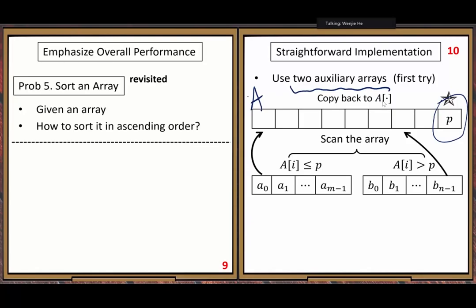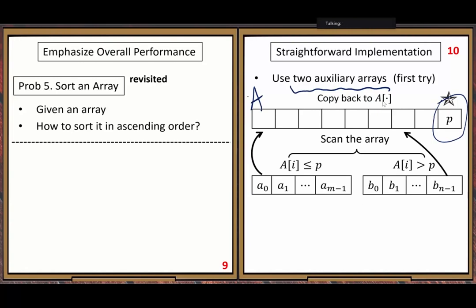And these two auxiliary arrays can be reused, recycled. That's our first try. We get the job done. We get what we need.